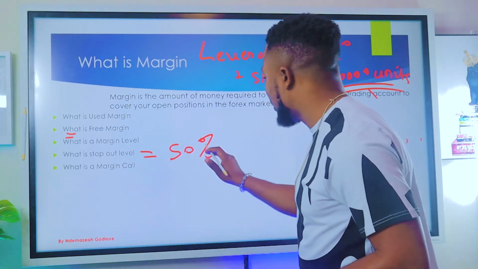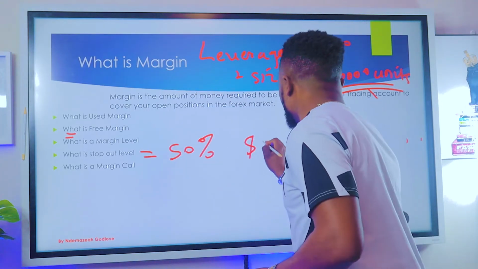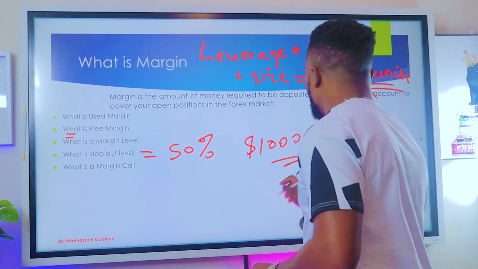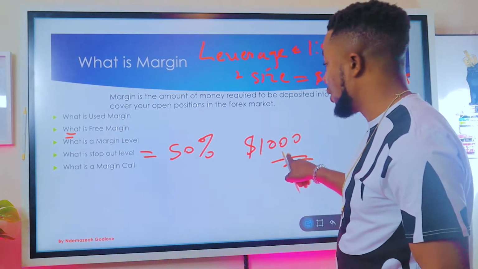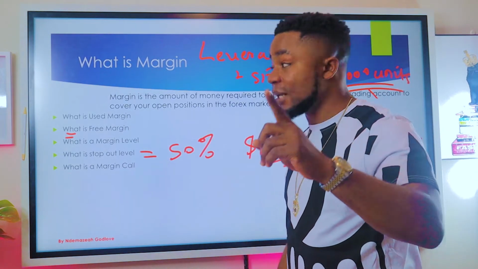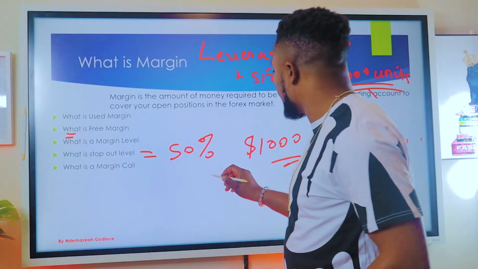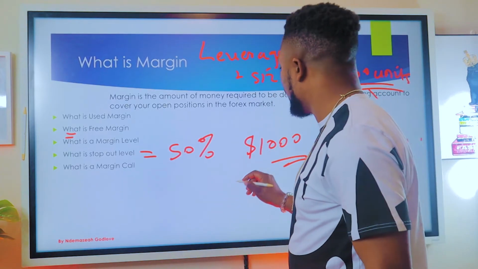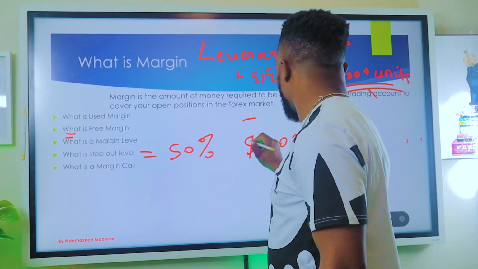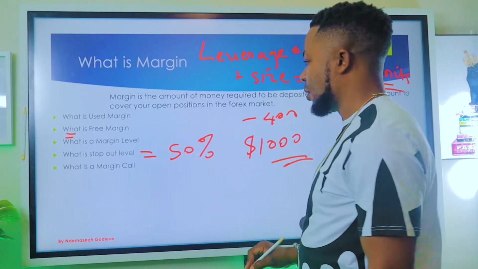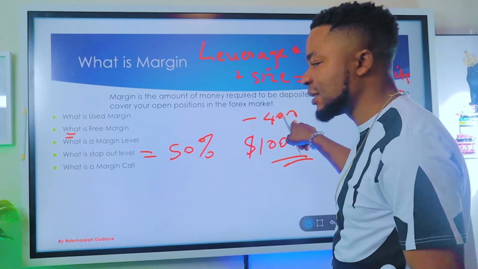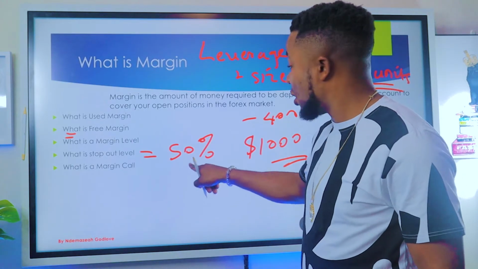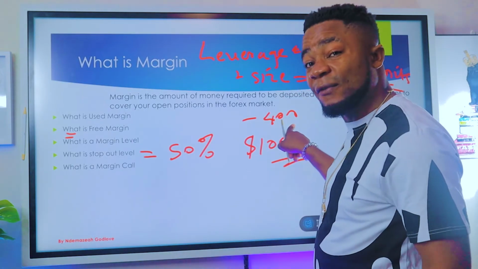So if the stop out level is 50% and you deposit $1,000 into your trading account and you place just one trade, if you are already down with minus $400, it means you've already lost 40%, right?